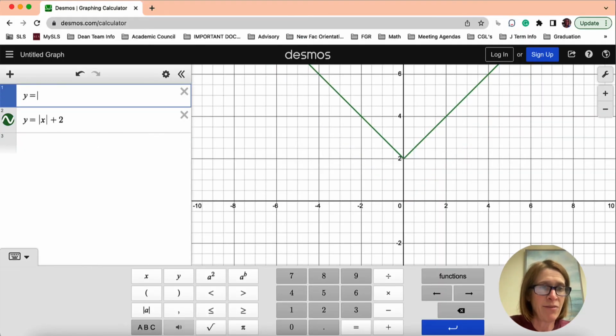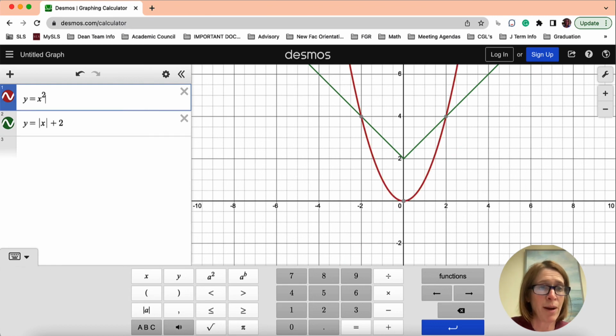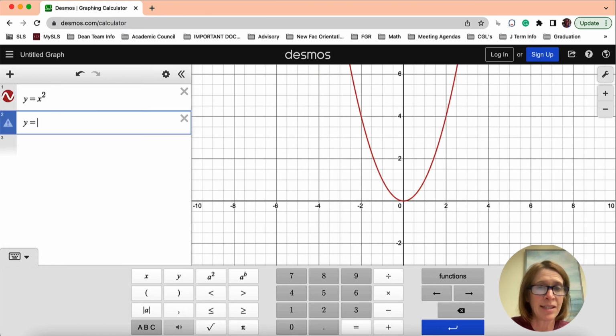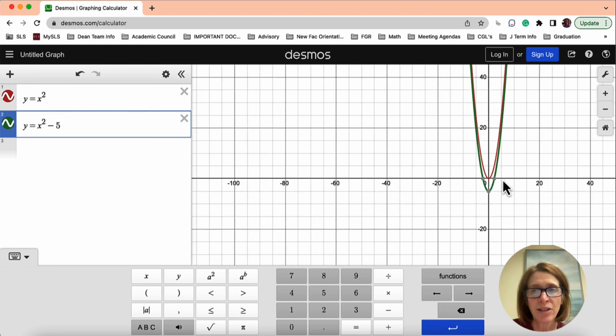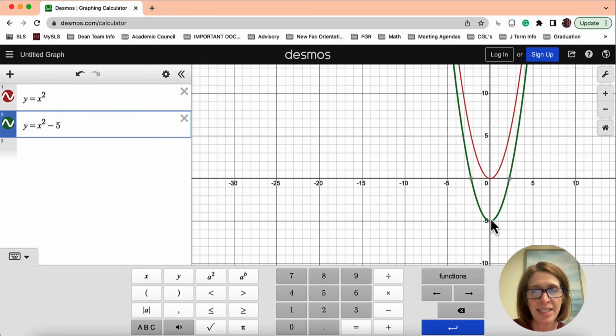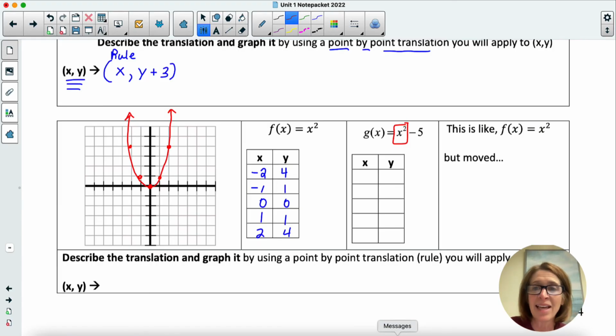So now I have x squared, my parent. Let me delete this. So there's my parent, beautiful. So x squared minus 5. Huh, what happened? It just shifted down 5 units. Okay, so it's like x squared, but it's moved down 5.